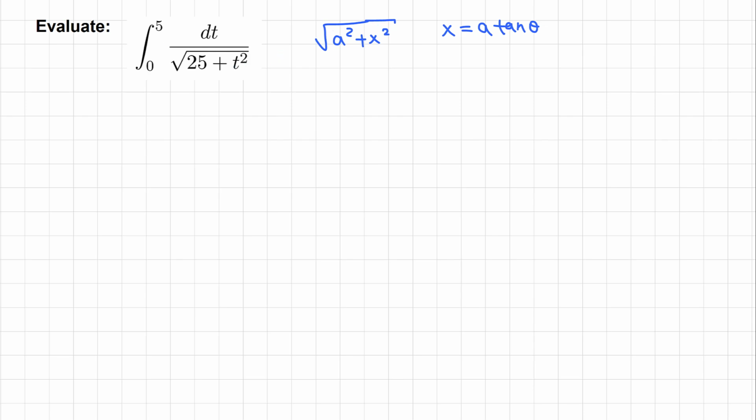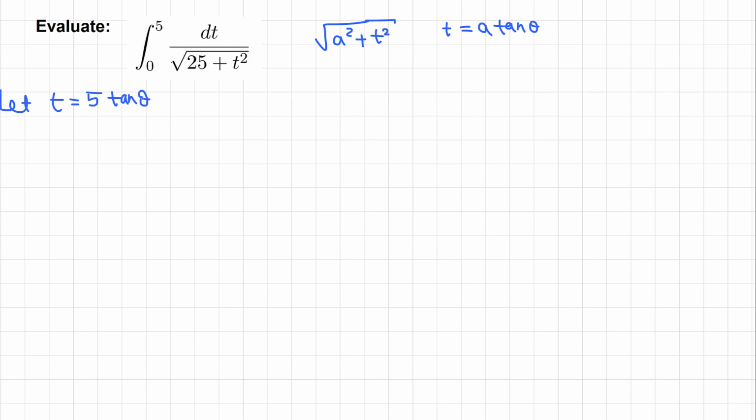Here it is t squared, so let me write t instead of x. We start with this one, and a happens to be 25, so this is 5. So let t be 5 tangent theta.